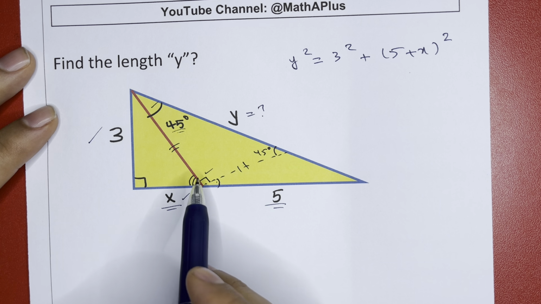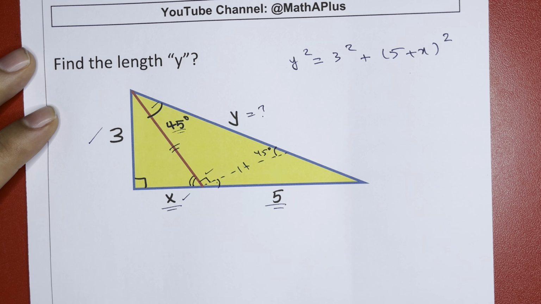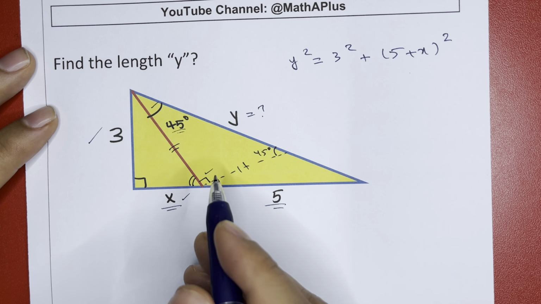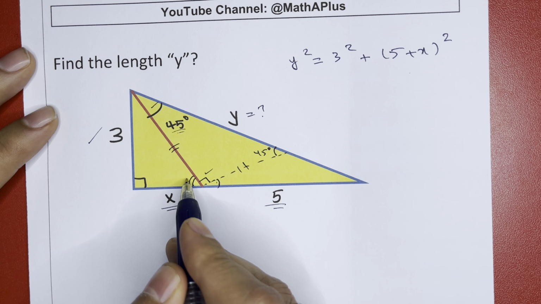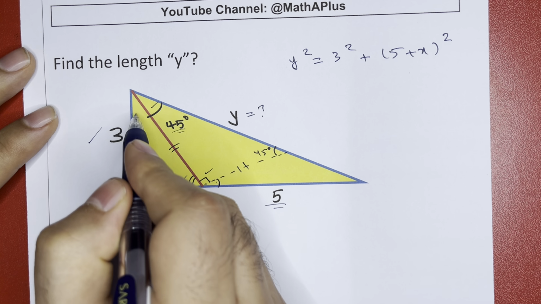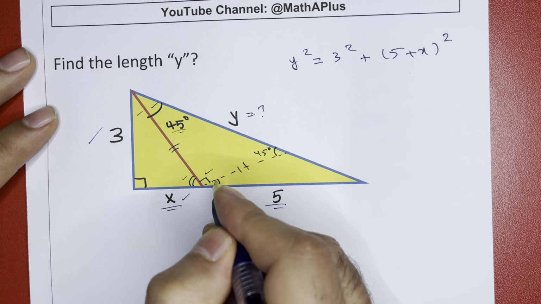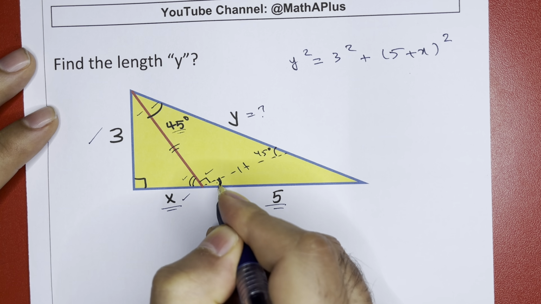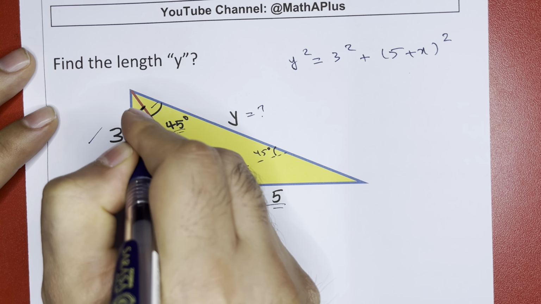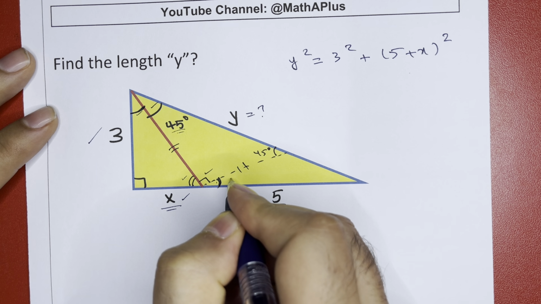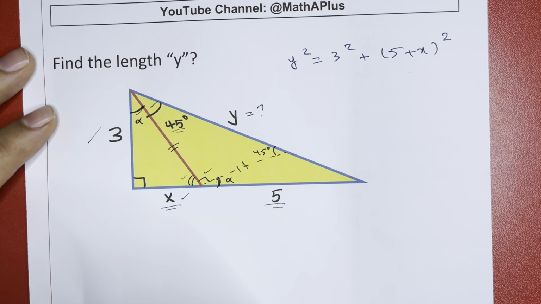The total is 180, so this plus this is 90 degrees. In other words, this angle here and this angle here, the summation is also 90 degrees. That means this angle I mentioned here is the same as this angle here. If I say it's alpha, this one is going to be alpha.